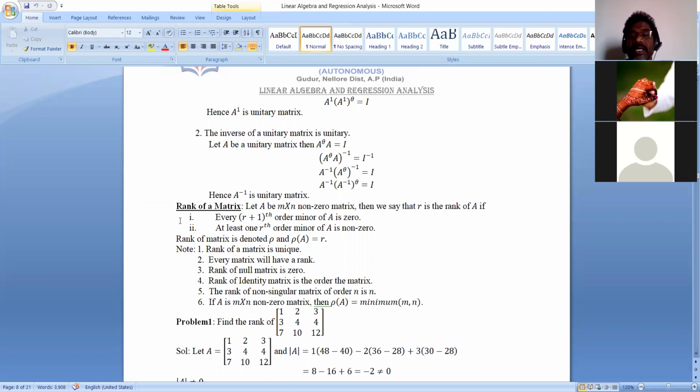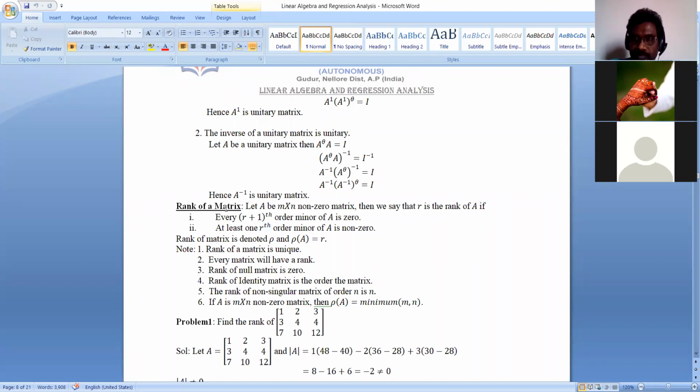The rank of this matrix is R if every minor of order R plus 1 is 0, and at least one R-th order minor, that is R-th order determinant of A, is non-zero.